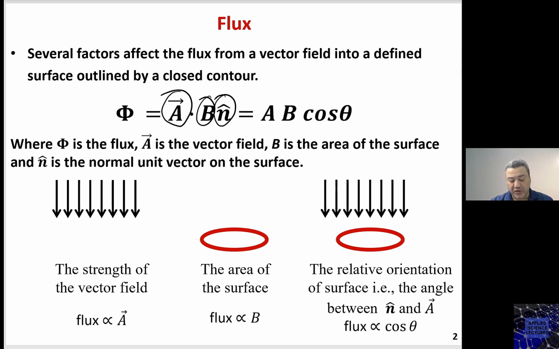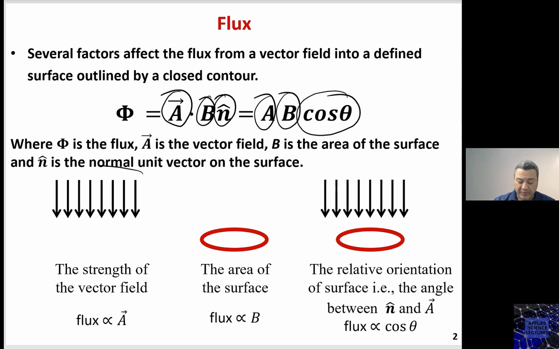If I take the dot product between the area vector and the vector field, I end up with the magnitude of the first times the magnitude of the second times cosine theta, which means only the components perpendicular to that surface contribute to this flux.